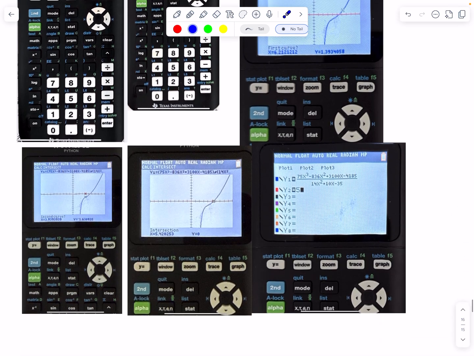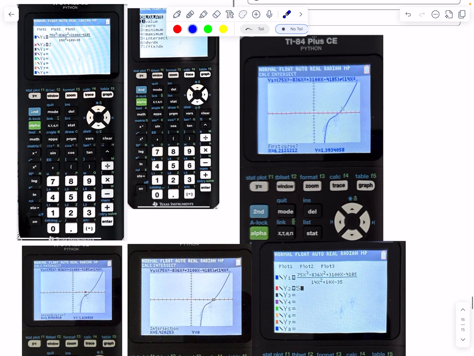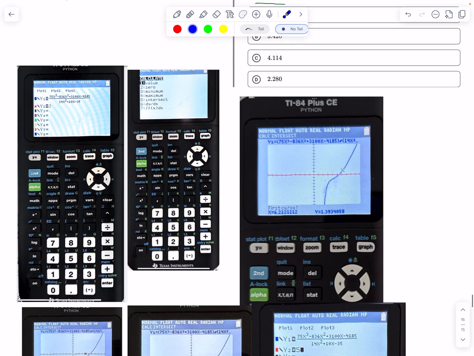Next, it will ask you second curve, and remember the second curve actually shows up in a different color, and then you will highlight the second curve. It will be red, and then enter. Then you press enter a few times because it'll ask you guess, and then finally you'll get the actual intersection. Let me go ahead and write that number down. So it's 5.420253.